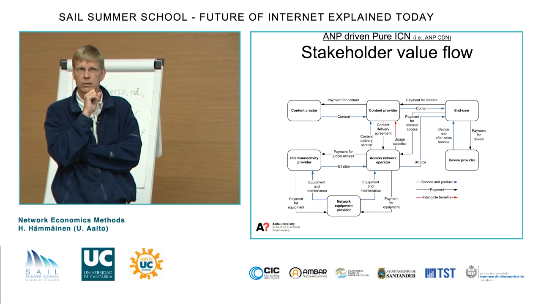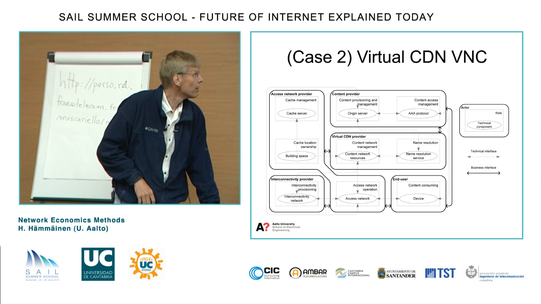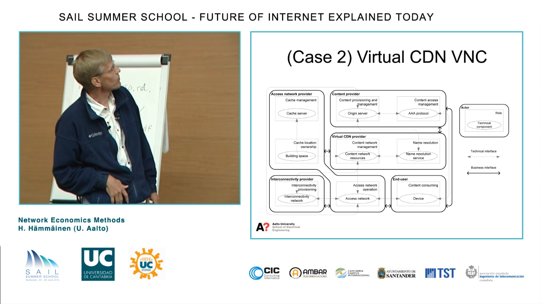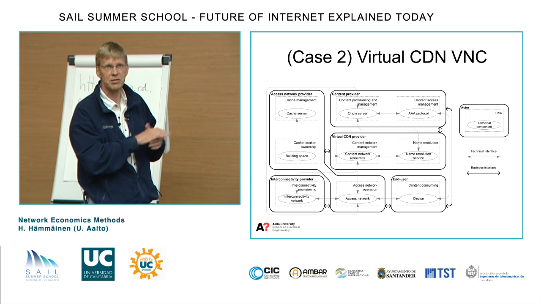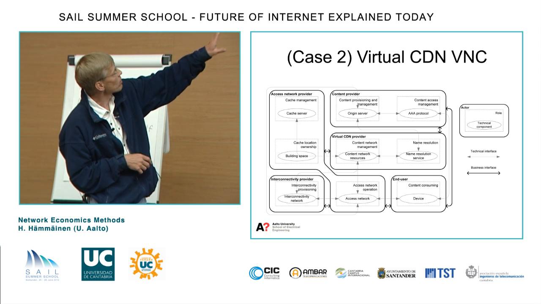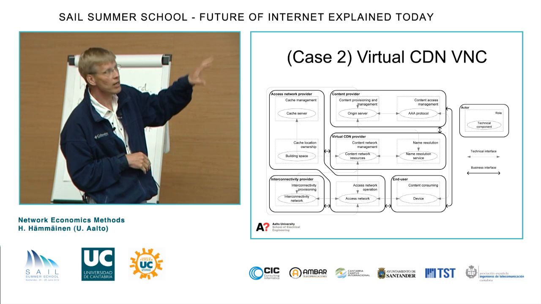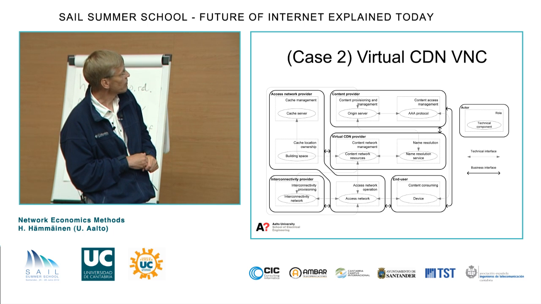So, okay, let's see if I can still squeeze something here. I have many different setups for the same environment, and I don't go through them. I just show the notation of how you can roughly use it. All the time I'm using the yellow color for the access network provider, an actor who can take more or fewer roles in the technical architecture.